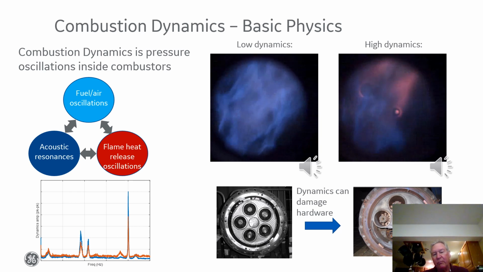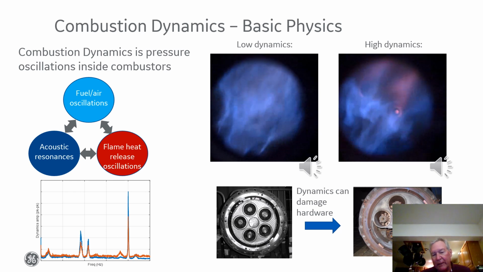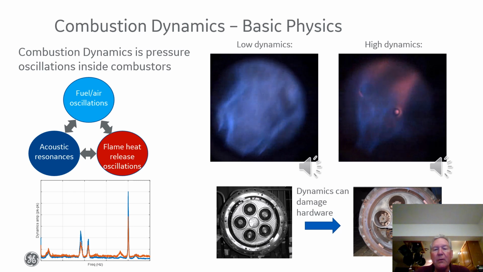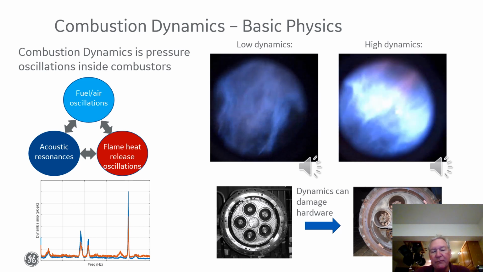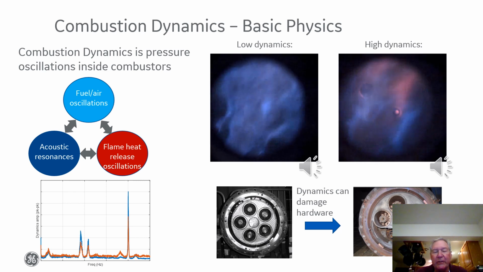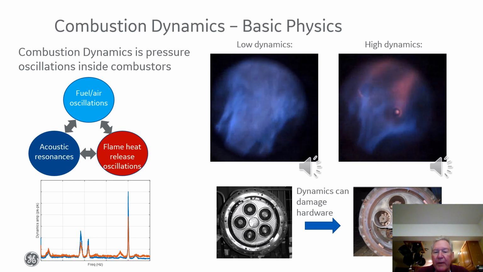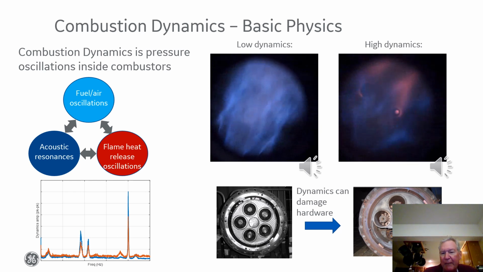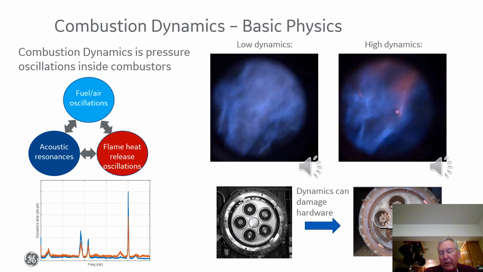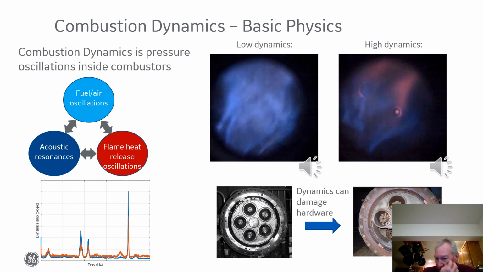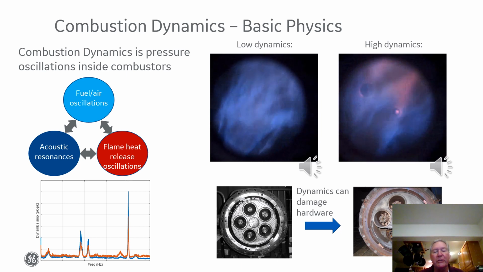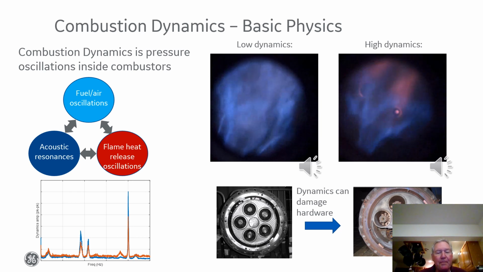An example of one aspect of how detrimental it can be is shown in these lower right-hand figures, where this is for a power generation combustion chamber, but it shows that actually the combustion dynamics broke part of the combustion chamber due to the high amplitude pressure oscillation levels.